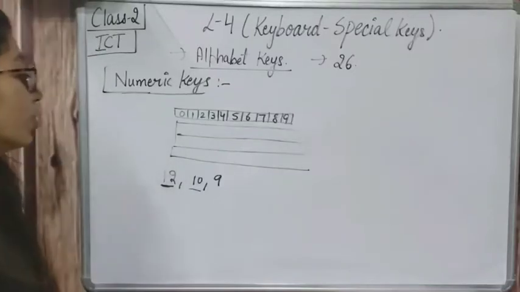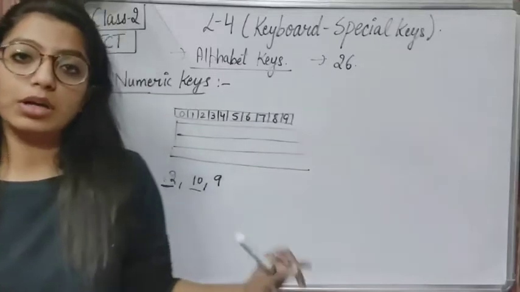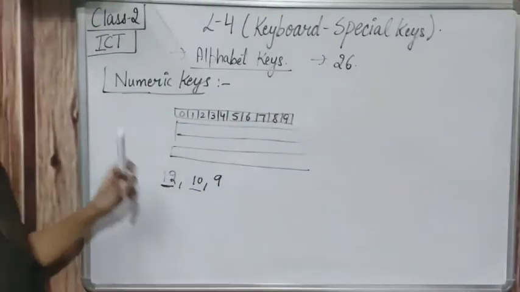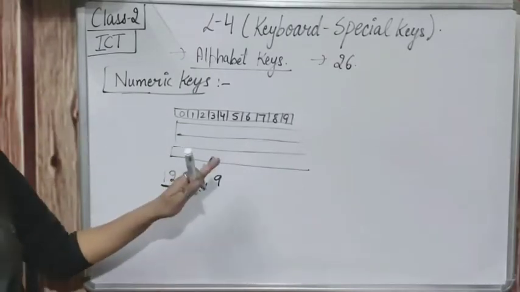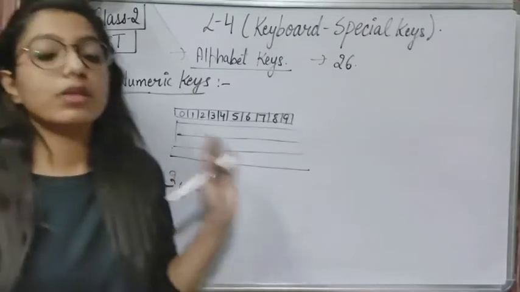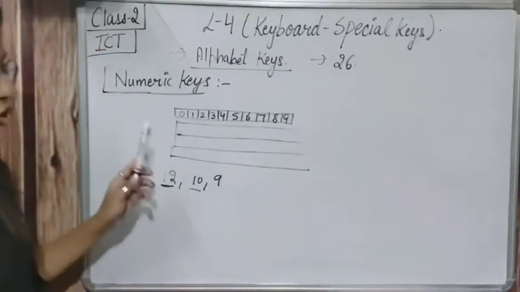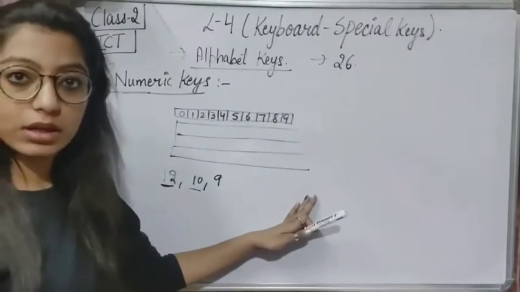Like this, we can write any number with the help of these 10 keys. We can type any age, roll number, house number, anything we want to write in numbers. By using these keys we can write it anywhere.